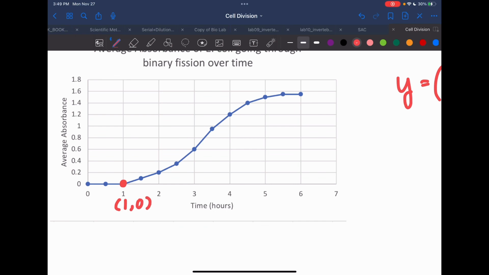So you want to pick one that is at the beginning of the log phase that doesn't give you a 0. I would actually pick this one right here. I'm going to estimate that one to be, let's see, about 1.5 and 0.1, something like that. Again, if you're in Excel, you can more accurately tell what those values are.